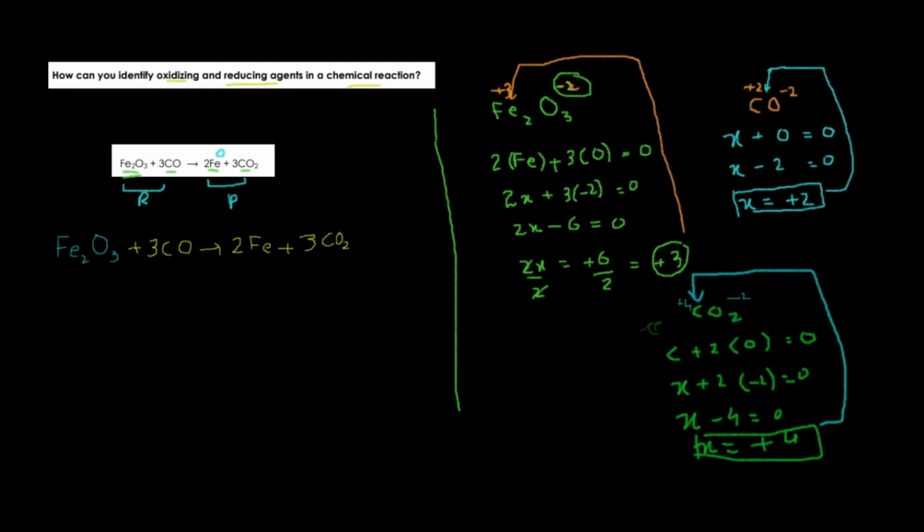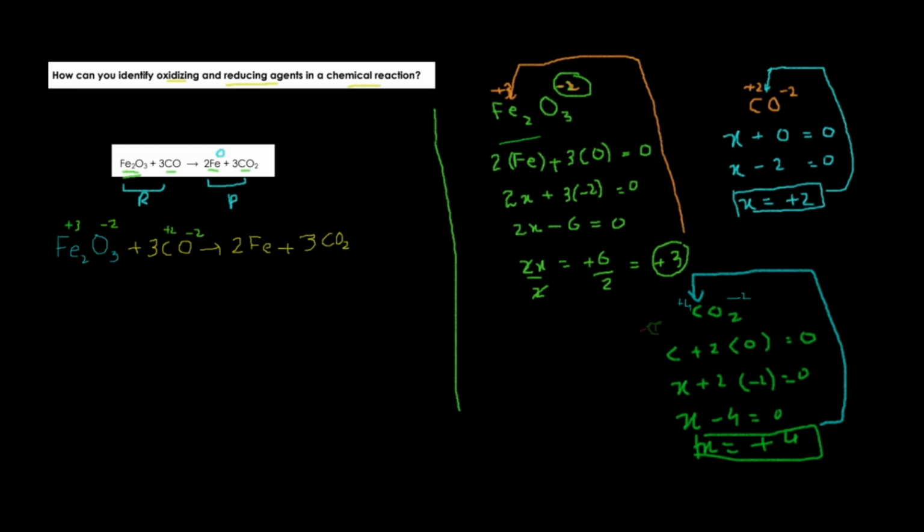As we have found out the oxidation states for all the atoms, in case of Fe2O3, iron has +3 oxidation state. For oxygen, we have -2 oxidation state. For carbon, in case of carbon monoxide, we have +2 oxidation state, and similarly for oxygen we have -2 oxidation state.